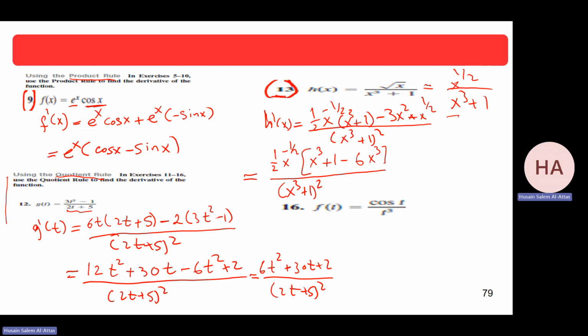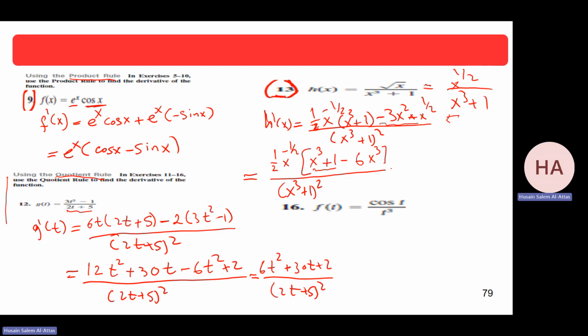So what I did, I take the common factor, half x to the power minus half. So I can take half, and x to the power minus half, I can take it to the denominator. And then what will be the remaining? That will be x cubed plus 1. And this one, if I take half x, now multiply, you have minus 3x squared times x to the power half. Okay.